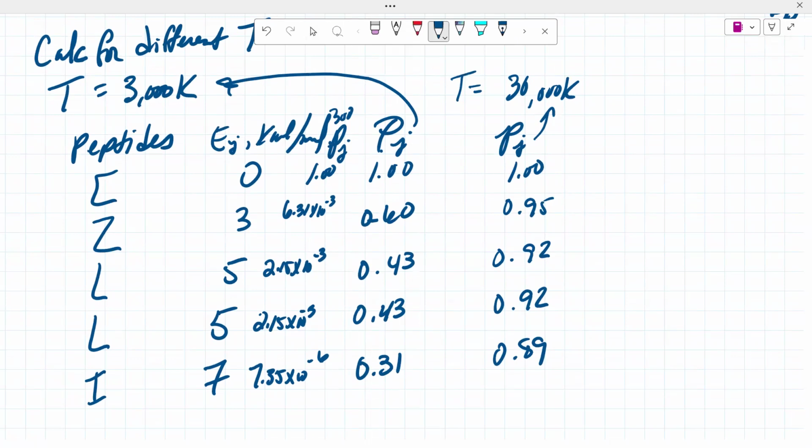You add 1 plus 6.31 times 10 to the minus 3. How much is that? It's 1.006, plus 0.002, plus another 0.002, and now this one is way out in the 10 to the minus 6. The decimal equivalents are teeny. Okay, so this is your dominant one.